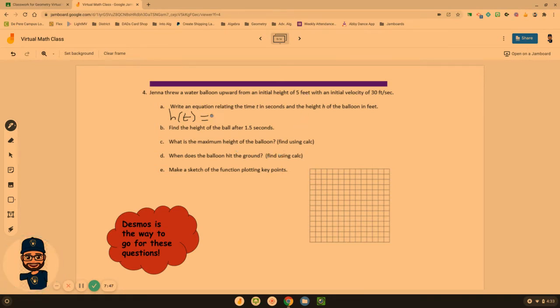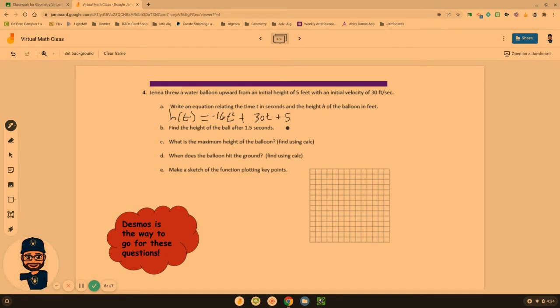So that's the negative 16 t squared plus v sub 0, which is the initial velocity. How fast is it being thrown? So 30, so plus 30t plus the initial height. What's the h0, the initial height? It's starting 5 feet off the ground. So that's our equation. That's what we're truly looking for.